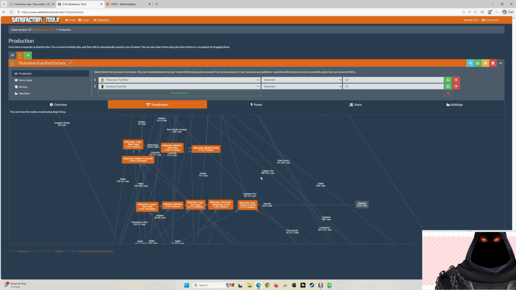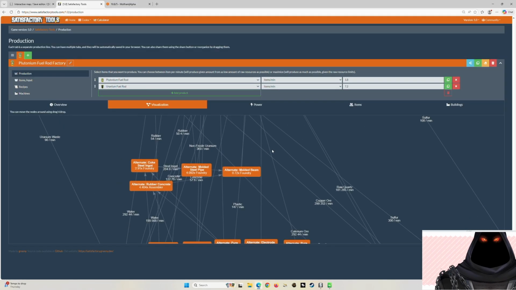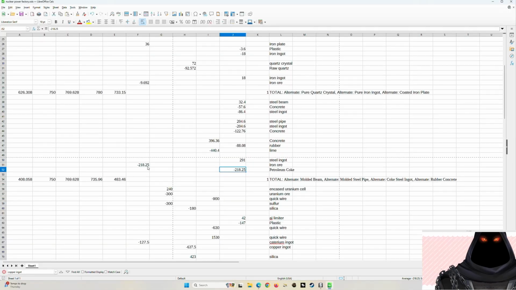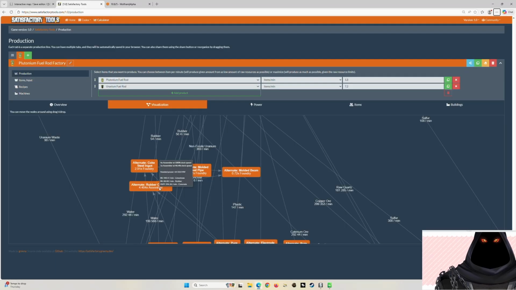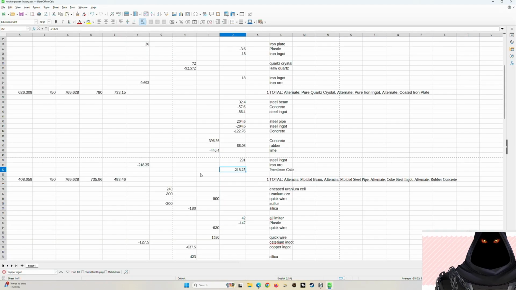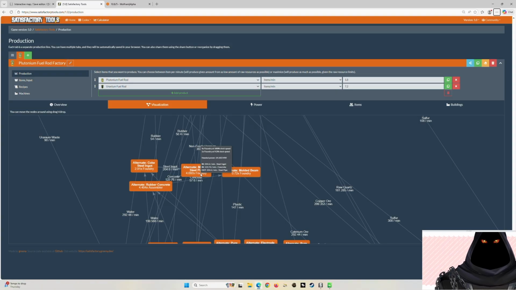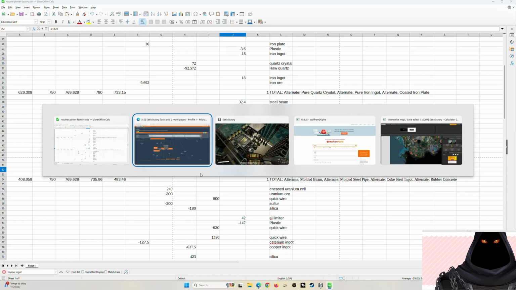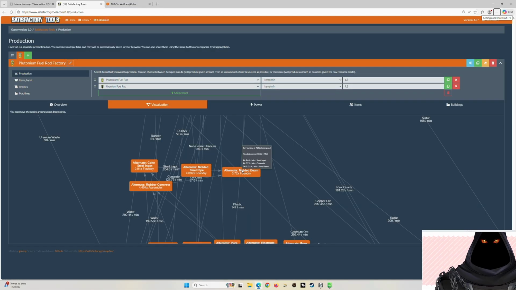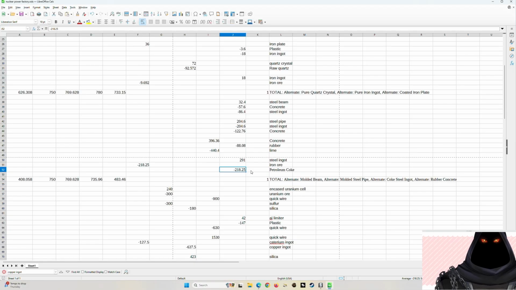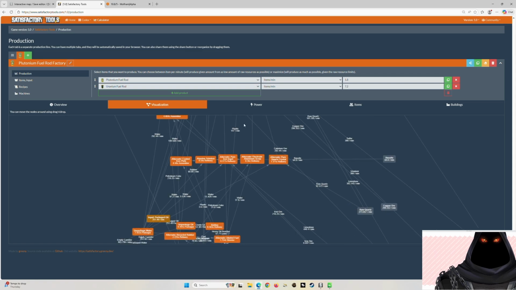Oak. Concrete is... Okay, pipe. Good, alright, steel B. Iron ingot, or yeah.